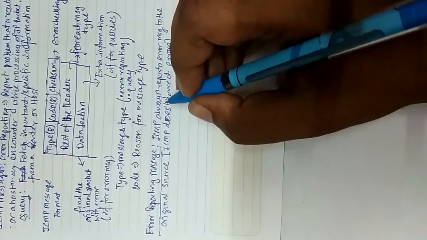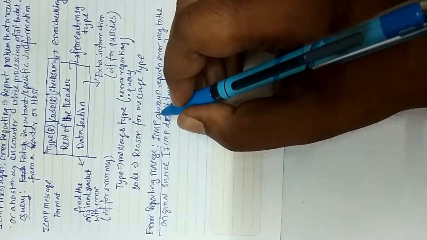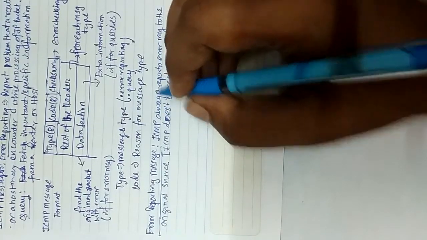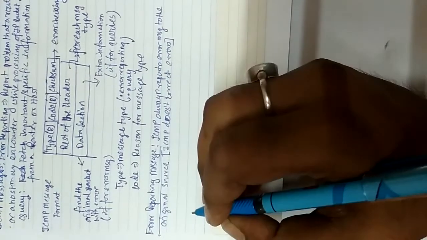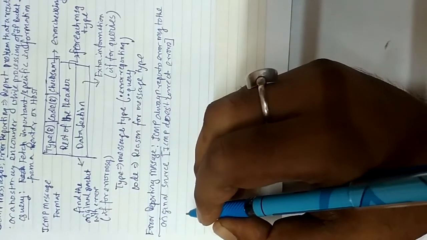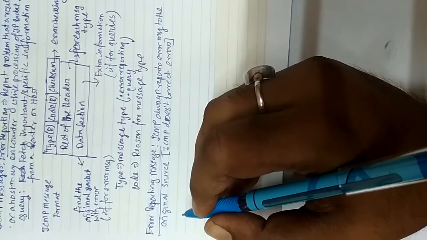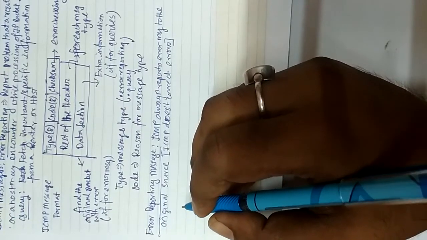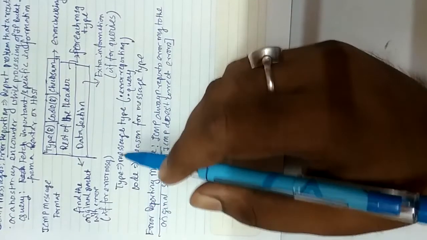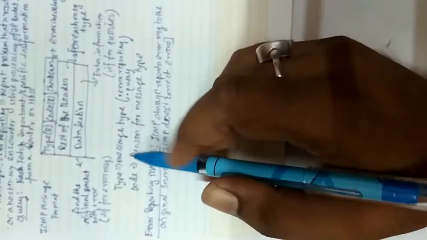Okay, and now we will find what the messages are. We will study the first two messages over here and the remaining two in the next part, ICMP part 2. This is basically ICMP part 1.